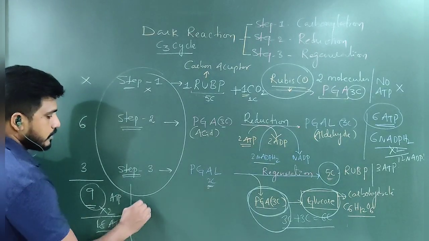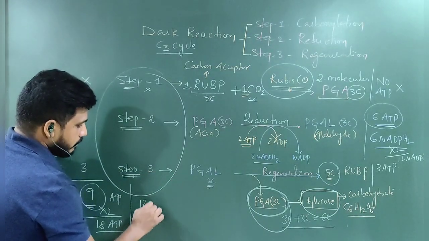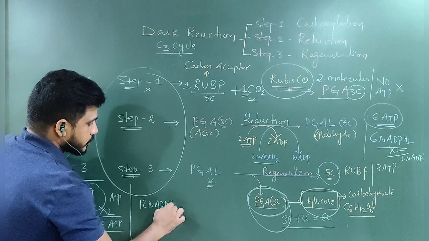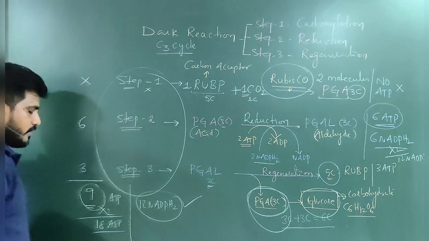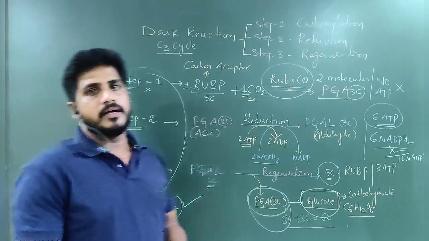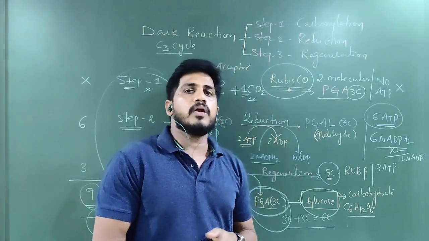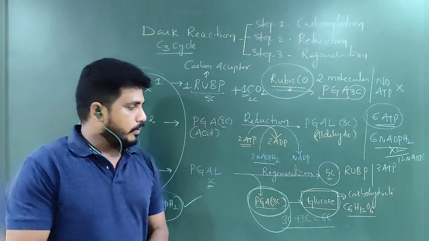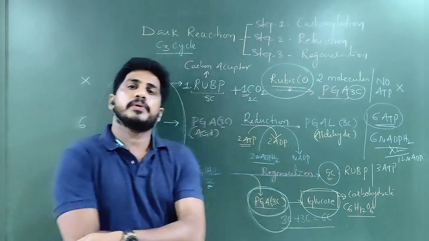So how many? 12 NADPH2s are required. How many ATPs are required? 18 ATPs are required. 18 ATPs and 12 NADPH2s are required to form one glucose molecule.